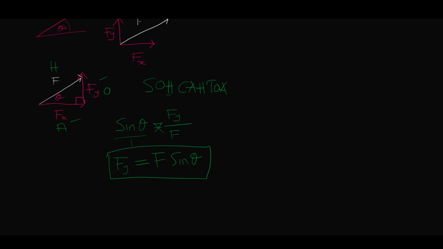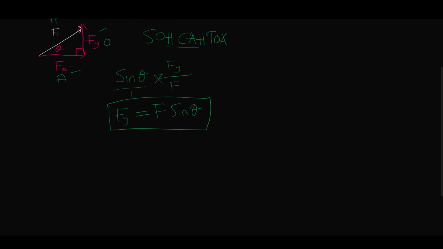Okay, and then for the Fx, the horizontal component, we're going to use cosine, because we know that cos is equal to adjacent over hypotenuse. So cos theta is equal to adjacent.